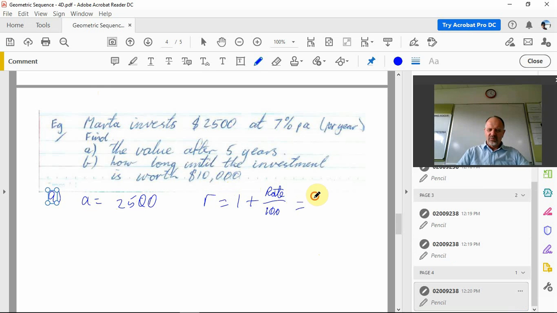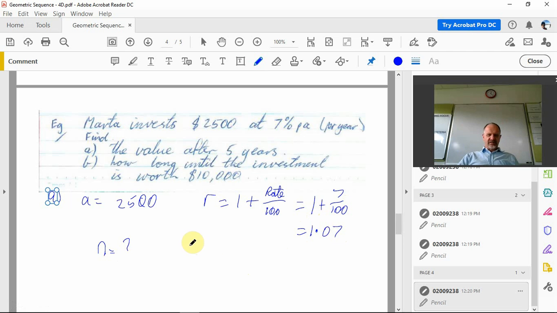And so that's 1 plus 7 on 100, which is 1.07, which we will use as that. And so the question here is, how do we work out what n is?